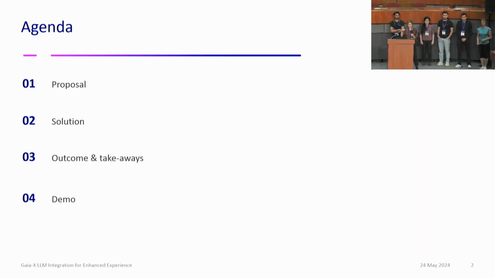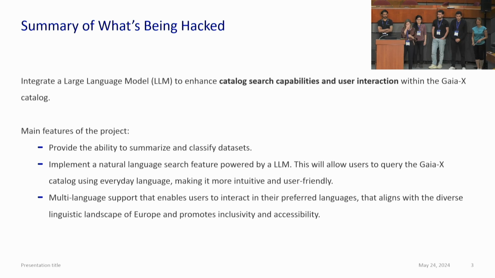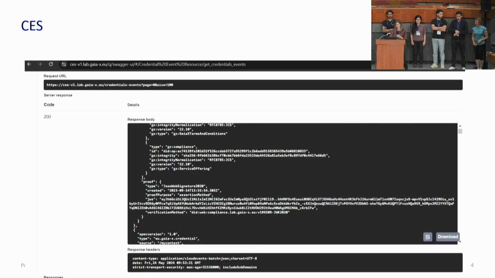I will go quickly through our proposal, the solution, our takeaways, and a quick demo. Our proposal was to look at the catalog, help users search, retrieve keywords that could aggregate some topics, and give some natural language possibilities for the users to use.